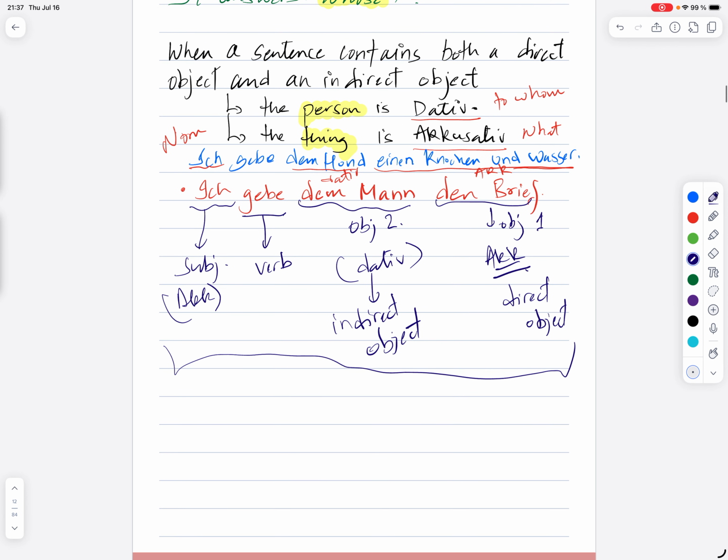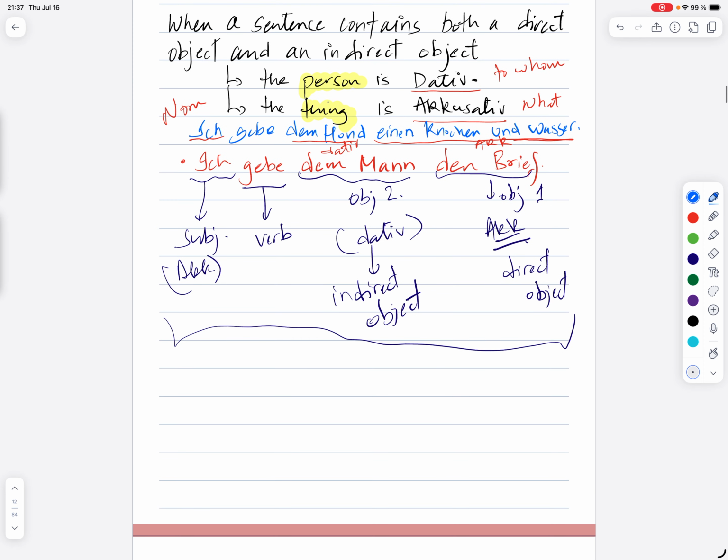For example, you can ask who is doing the activity, that will answer what the subject is, and then what is being affected by the activity, which is the verb, giving. I'm giving something. So what is being affected here, the Brief, the letter is being affected, I'm giving it to somebody, right?